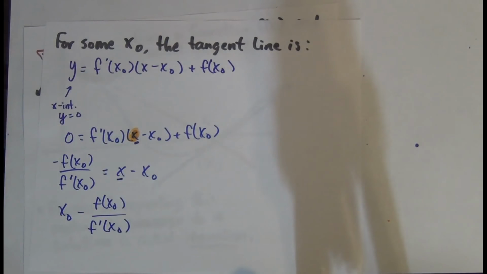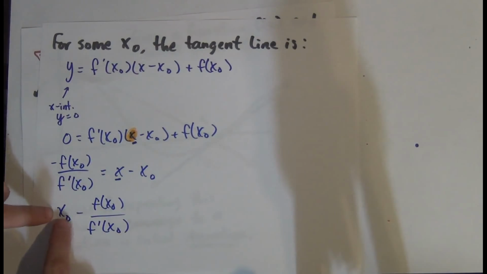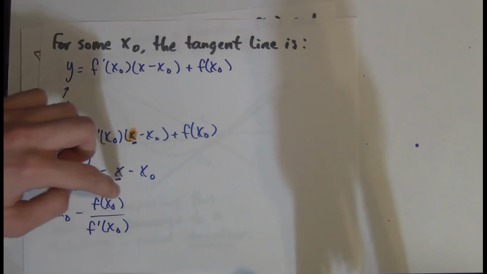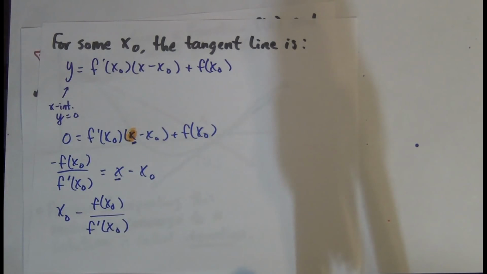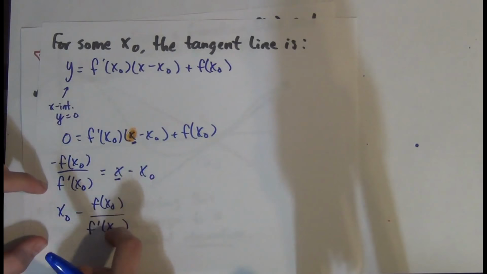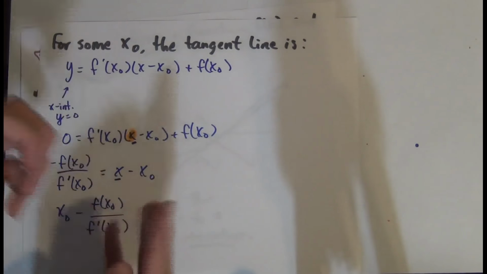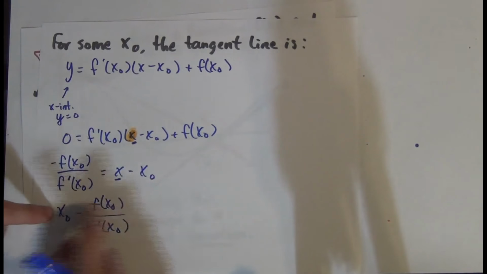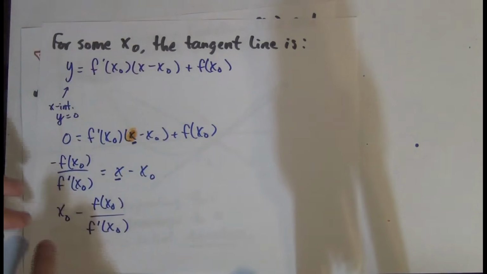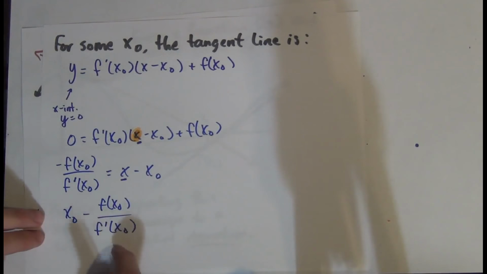And this should kind of make sense. So you're going to take whatever your initial guess was, and you're going to compare the function value with the first derivative, and you're going to subtract that off. So these should be relatively close. Obviously they're going to be closer together the more iterations you do, but this is going to be fairly close. So you're going to subtract off a tiny amount to get closer and closer to the actual value of the x-intercept.